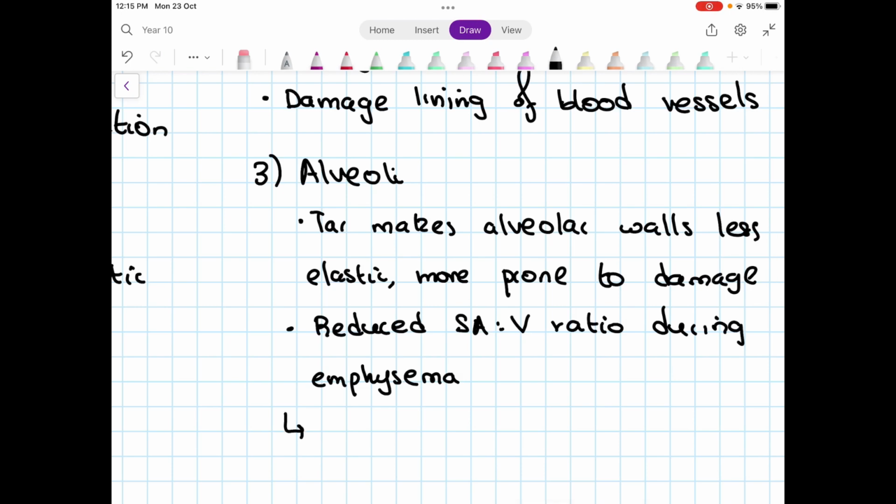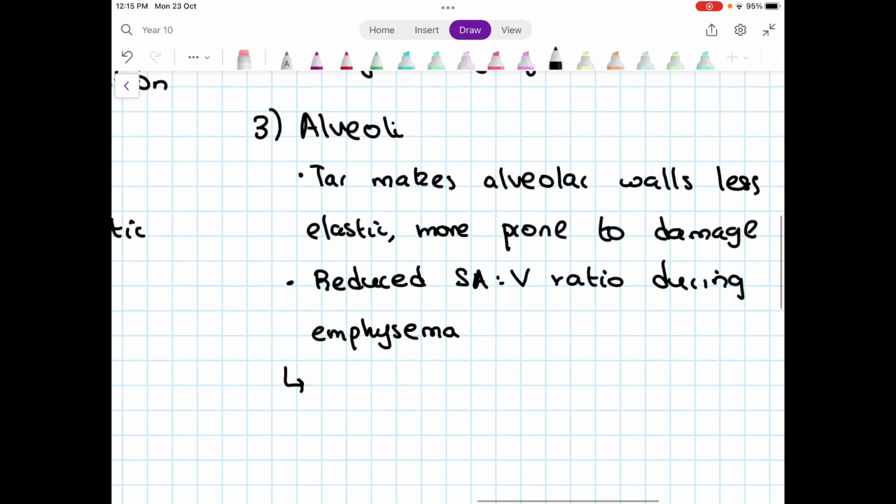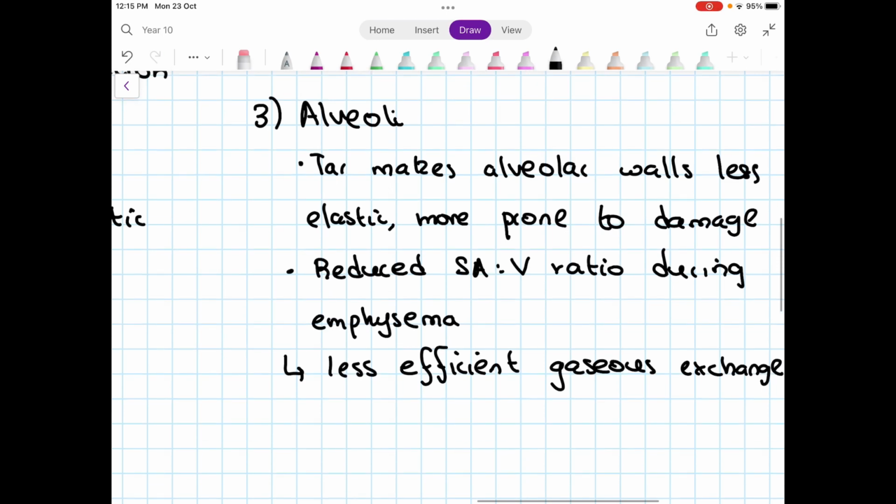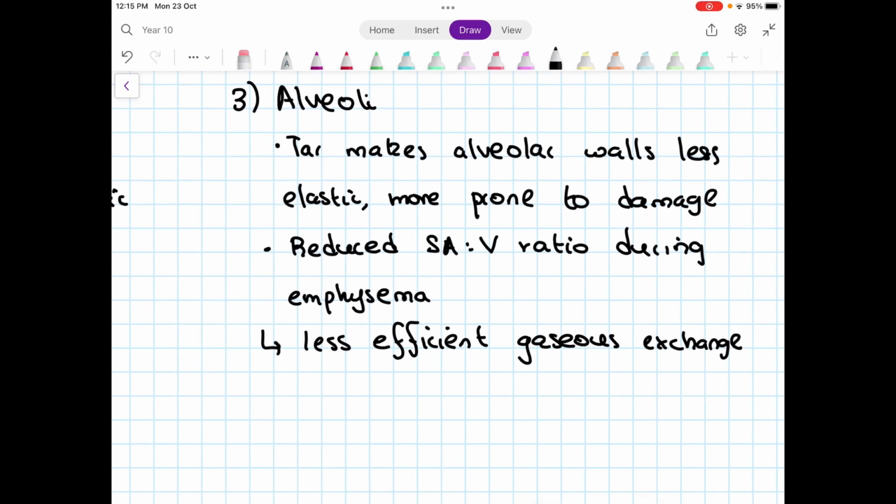This results in less efficient gaseous exchange, and as a result, less oxygen is carried in our blood.